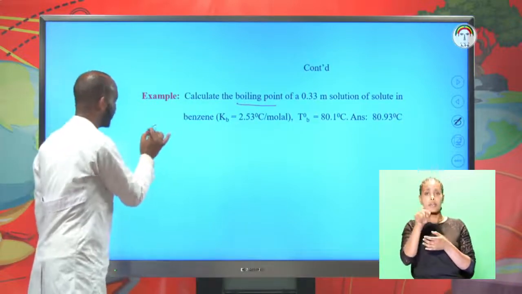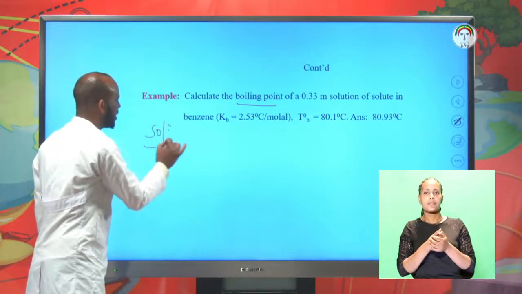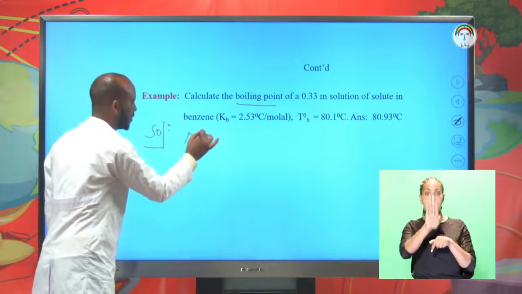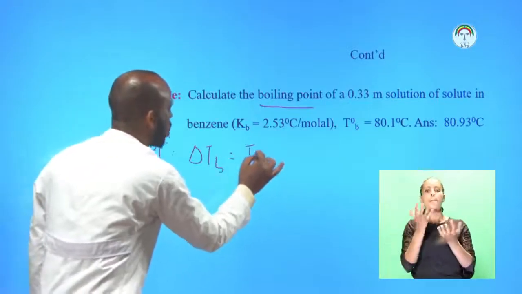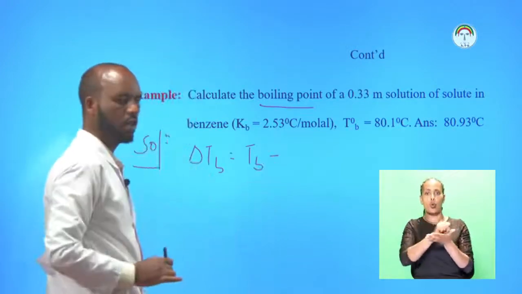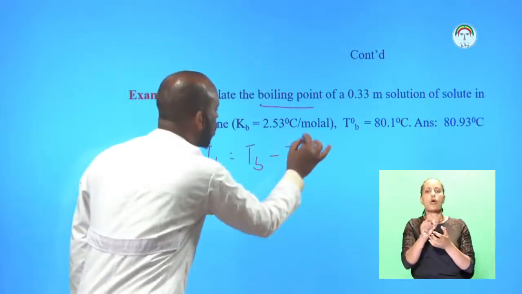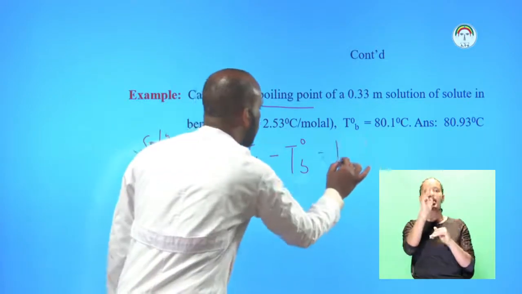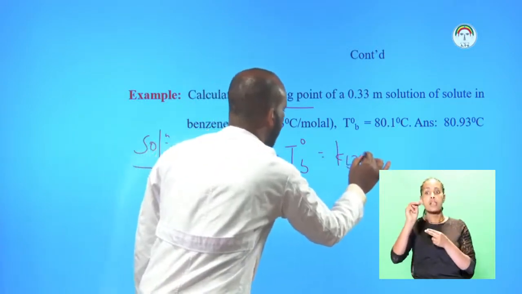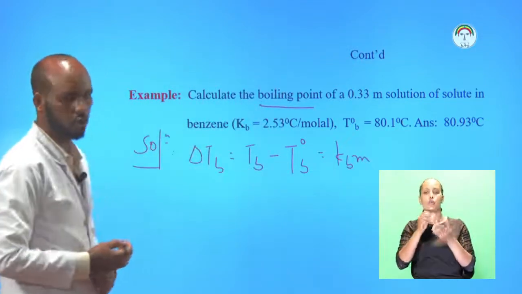Therefore, ΔTb, the boiling point elevation, equals the boiling point of the solution minus the boiling point of the pure solvent T0b, equals Kb times the molality of the solution.